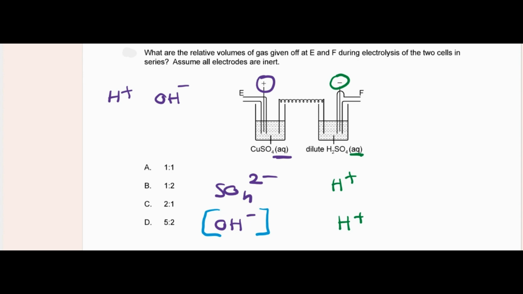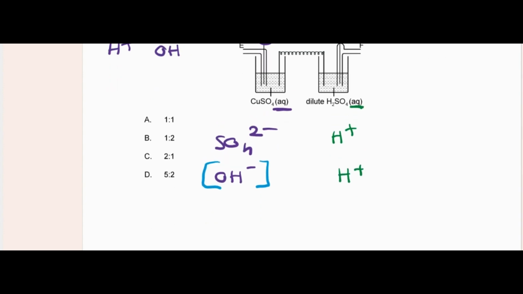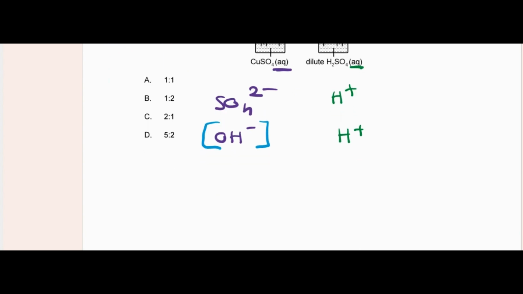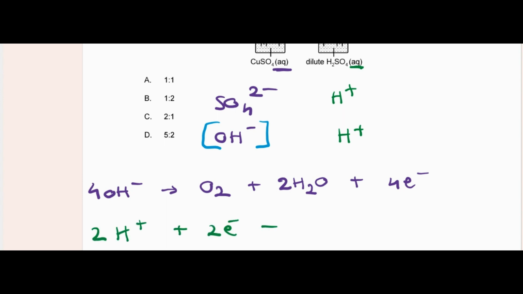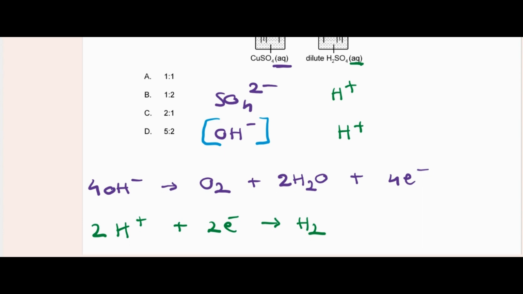Now this is quite mean because what you basically need to remember are the equations from the data booklet. So the equation for the OH- is 4... And for the hydrogen, now because we're looking at the ratio, what we must do first is balance the electrons.